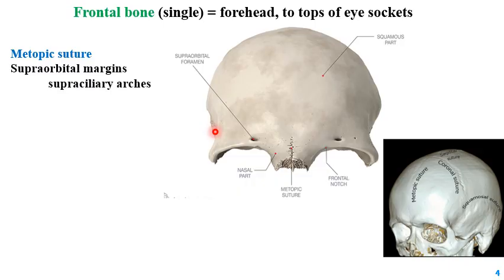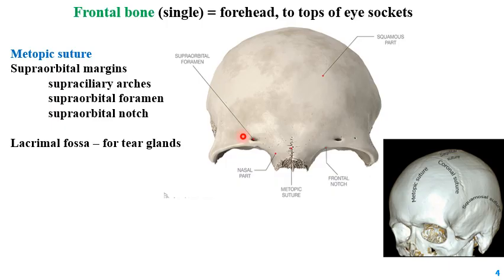Okay. So we're seeing the supraorbital margins, and there are some arches on top of the eyebrows. We call that supraciliary arch. Okay, I mentioned that foramen, the notch.